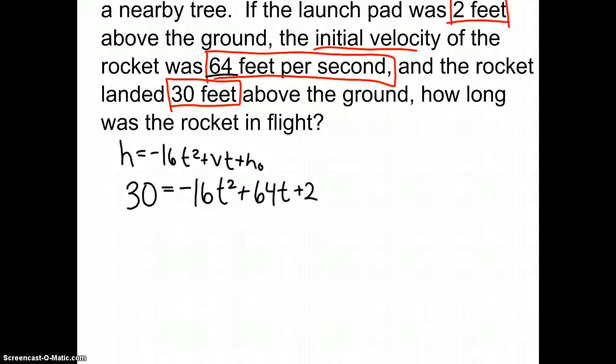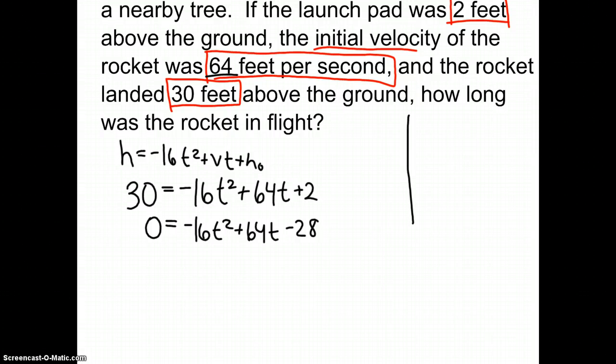So now we take our equation and just like we learned in the last section, set it equal to 0. So subtract 30 and we have negative 16t squared plus 64t minus 28. And we can factor this using our factor sum table. And we want our first times our last, so negative 16 times negative 28 would give us 448.